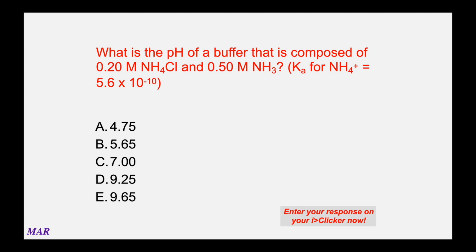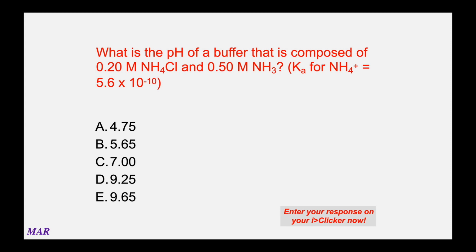Remembering that pH equals pKa plus log base over acid, I would use the Henderson-Hasselbalch equation. The base is ammonia, the acid is ammonium, and from there you can find the answer. So I recommend you pause the video, work on this question a little bit, and when you're ready to talk about the answer, unpause the video.